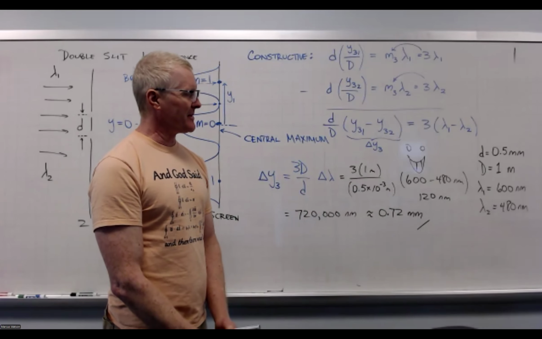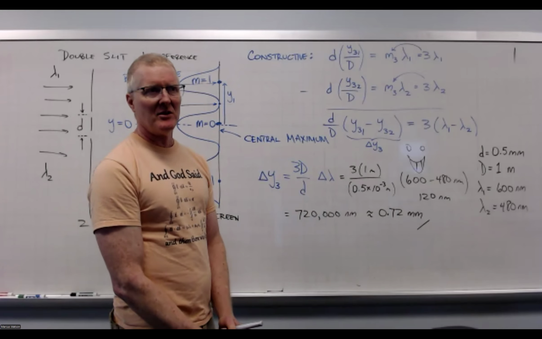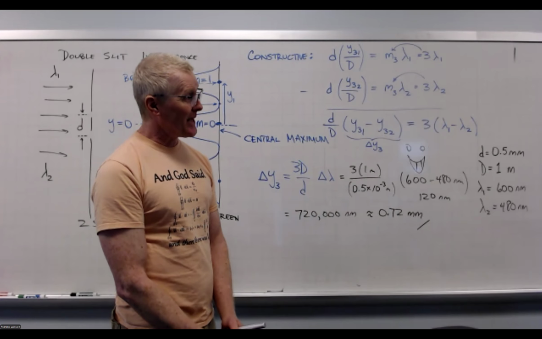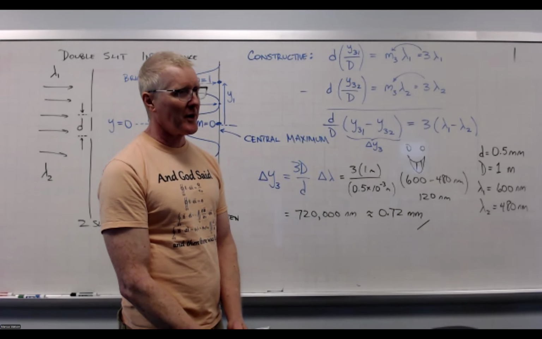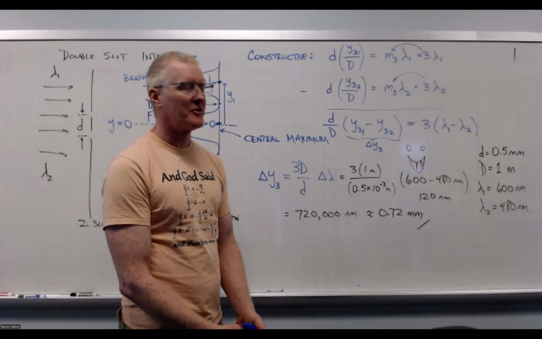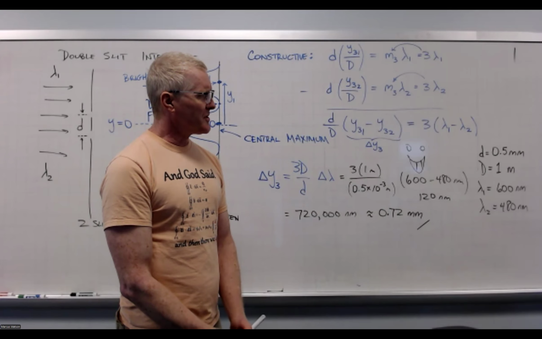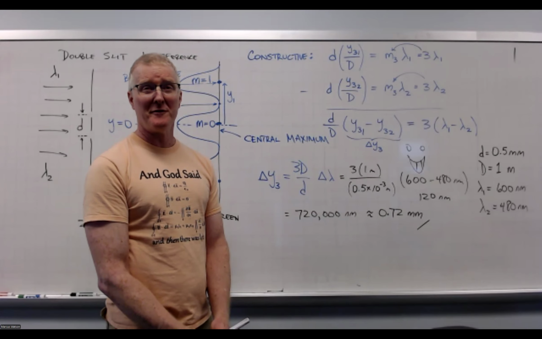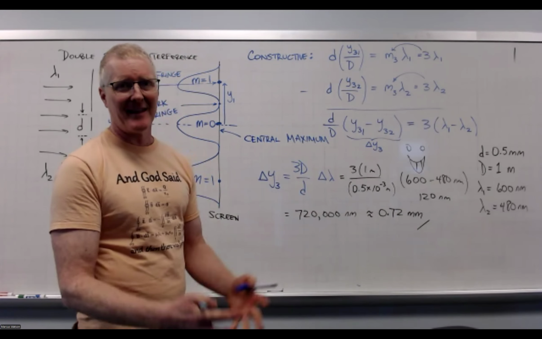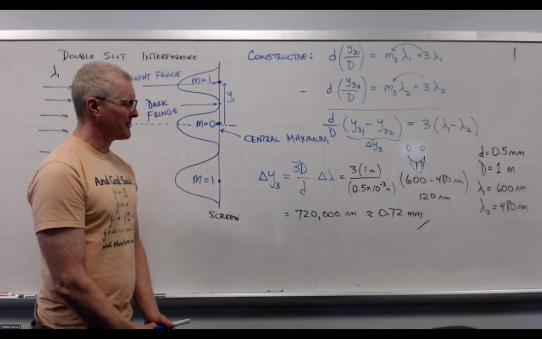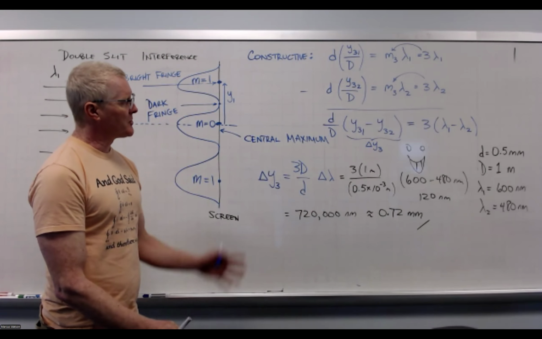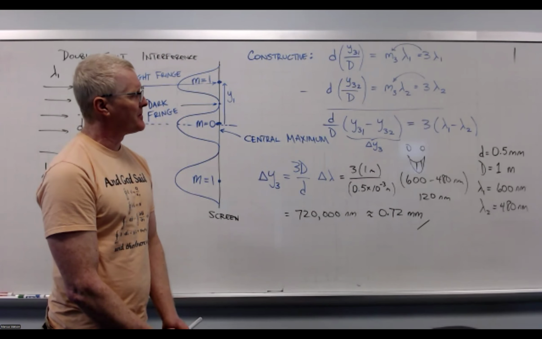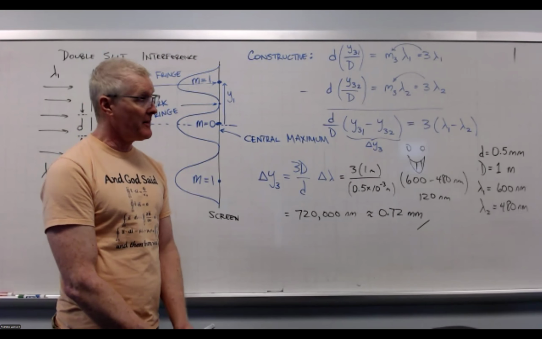Typically, you might be able to see a 650 or a 670 on the red side, and on the blue side, 480, that's kind of a green, I suppose. So on the blue side, you'd be lucky to see a 430, maybe a 440 or a 450, something like that. So that'd be in the deep blue side. All right, so hopefully that was helpful, and we've gotten the positions of the fringes dealt with.